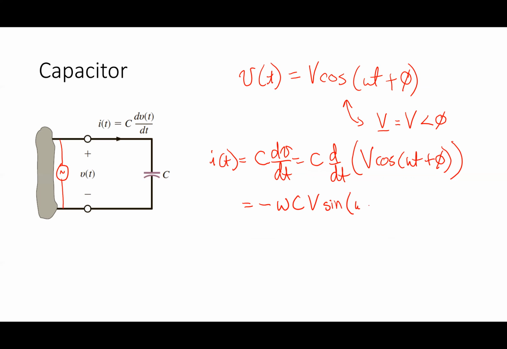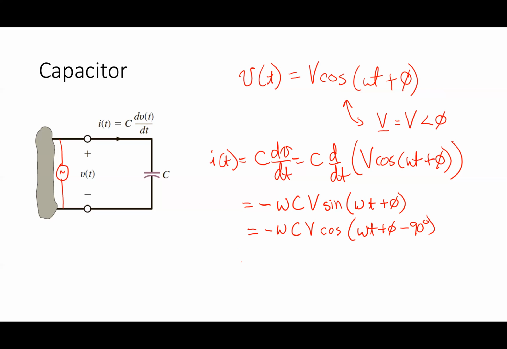Omega t plus phi. That's right. Which, if I convert that into its companion cosine, it'd be cosine of what? Omega t plus phi, then what? Minus 90.